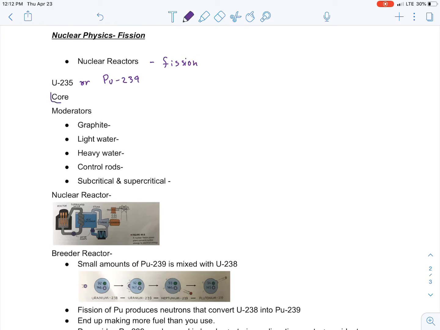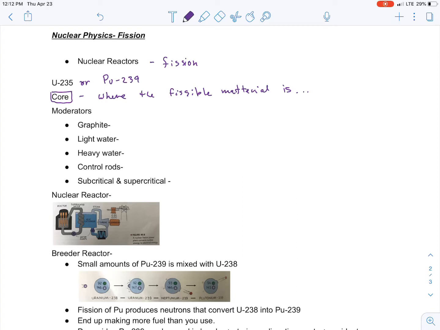We'll start off with the core. The core is where the uranium or the fissile material is. Right? And that's where the nuclear reaction is going to occur.